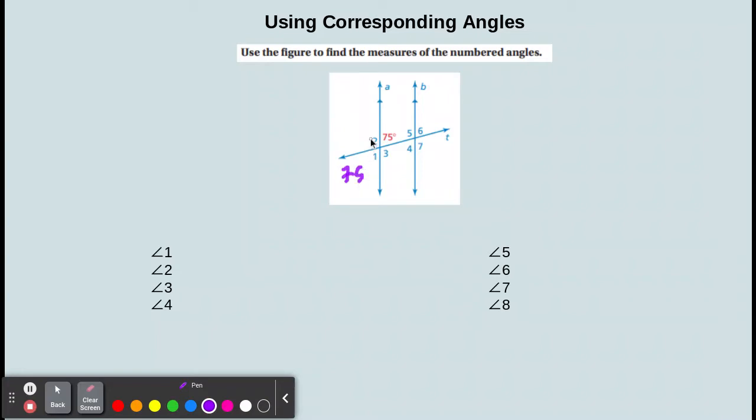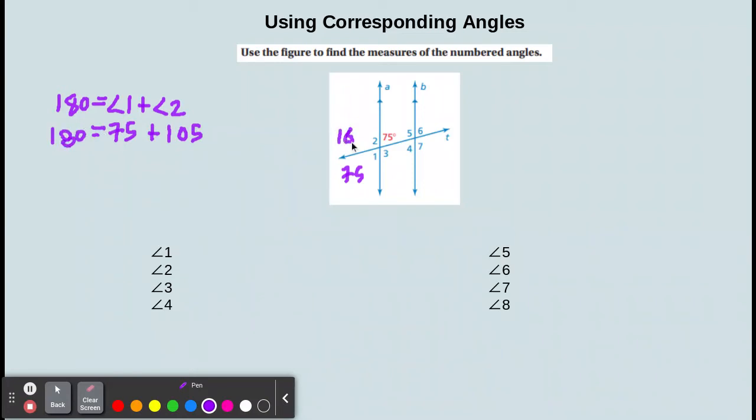Now, angle 1 and angle 2 are supplementary angles, so together they have to add up to be 180 degrees. So angle 1 plus angle 2 has to be 180. We know angle 1 is 75. That means then that angle 2 has to be 105 degrees.